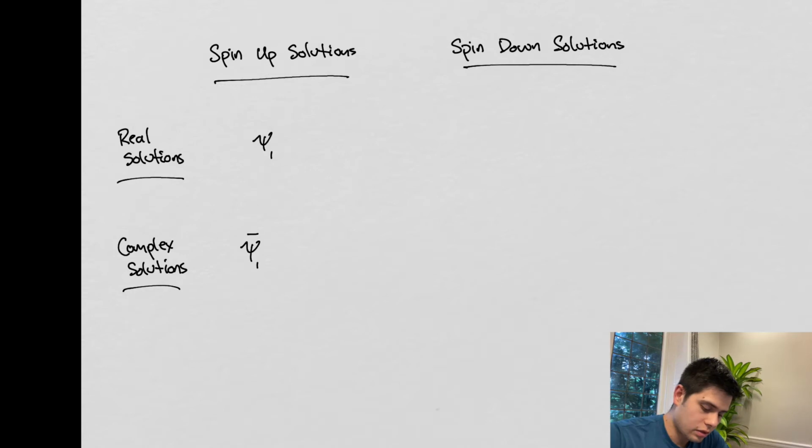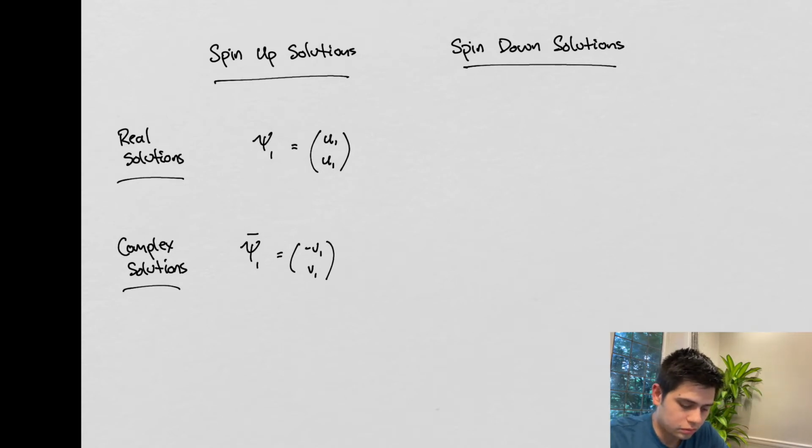And there are going to be components on these things, which we're just going to call U1 for right now, and V1. We don't know what these are yet, but the idea is that we want linearly independent solutions. Again, we're really just proposing something and we're going to see if it works.